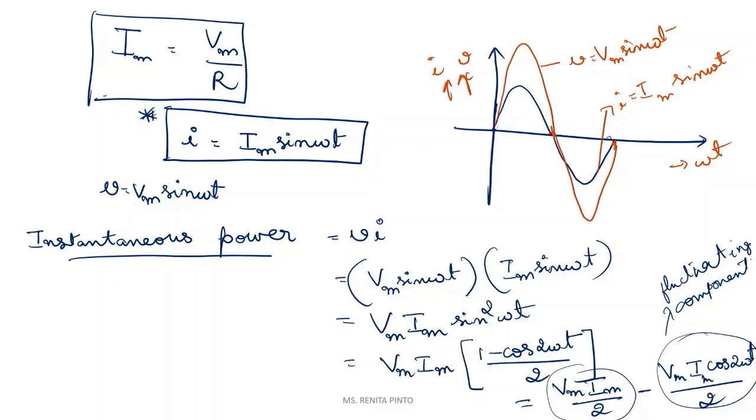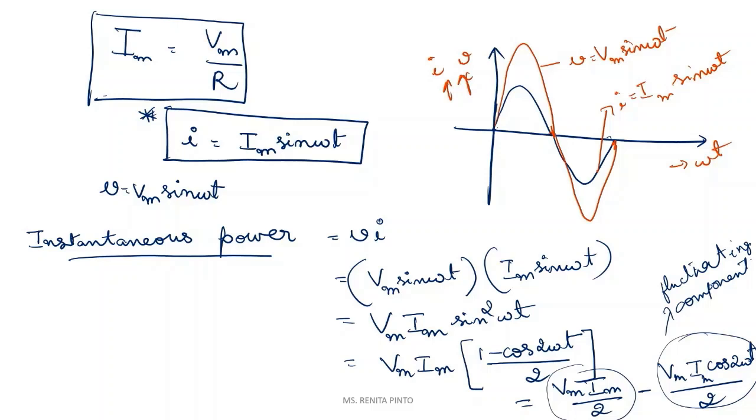You can see cos 2 omega t. That means it has the frequency which is double that of the voltage and the current wave. Therefore the average value of this fluctuating component over the complete cycle is nothing but 0.